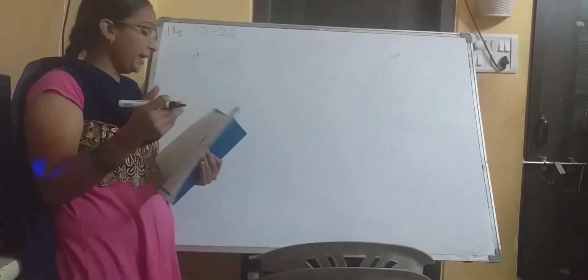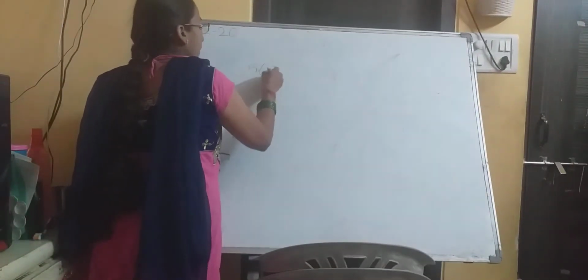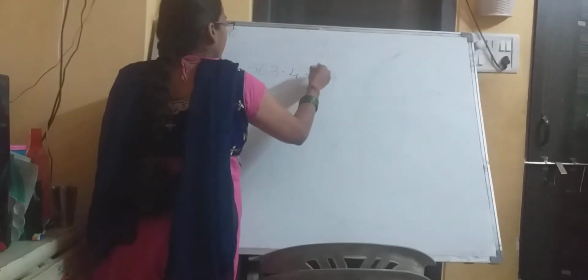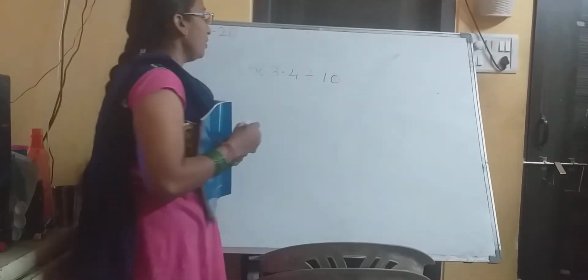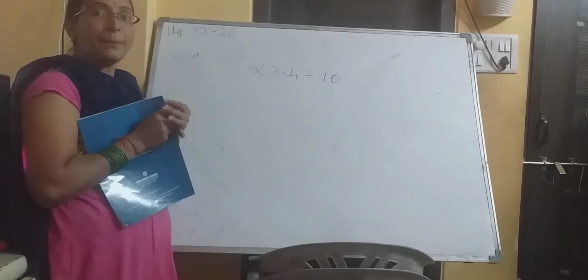Yes, children, now third bit. See, children, how many decimal points if you have? 563.4 divided by 10. 10 means 1 number after decimal.